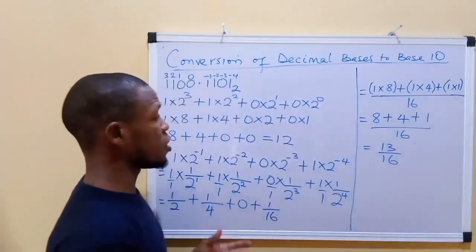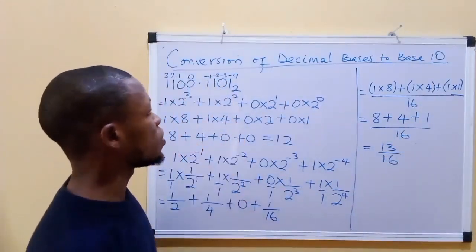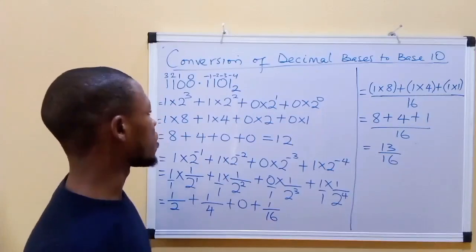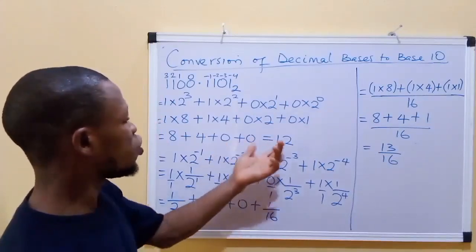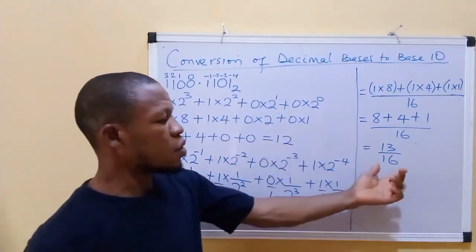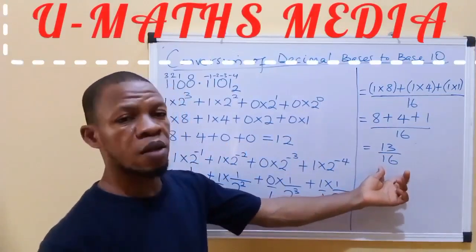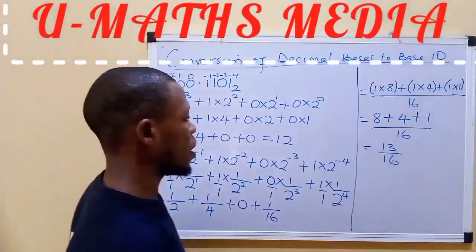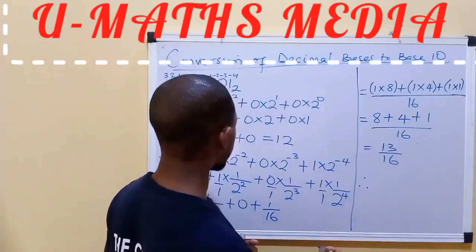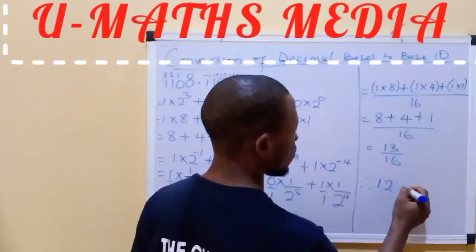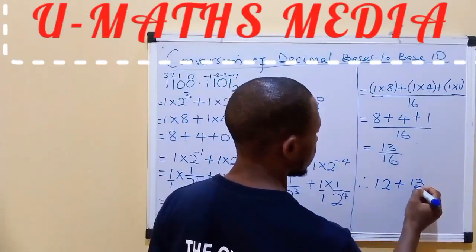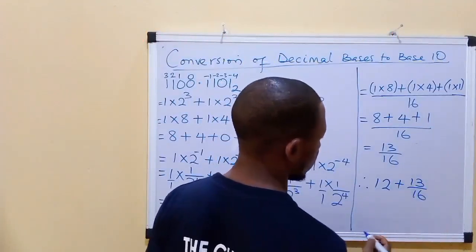Now to complete the solution of this problem, the conversion of this decimal base to base 10, let's add the solution we got from the whole number part to the solution we got from the fraction part or the decimal part. And that is, therefore, we have 12 plus 13 all over 16.